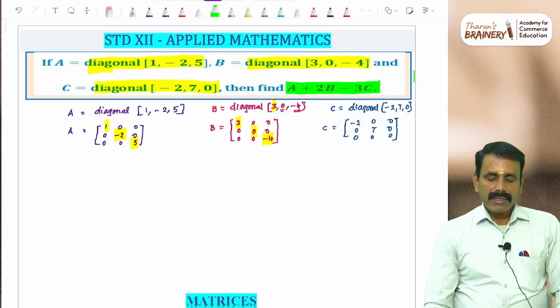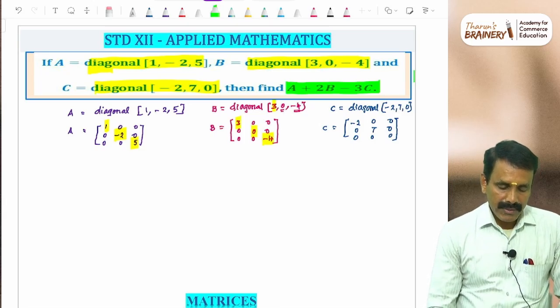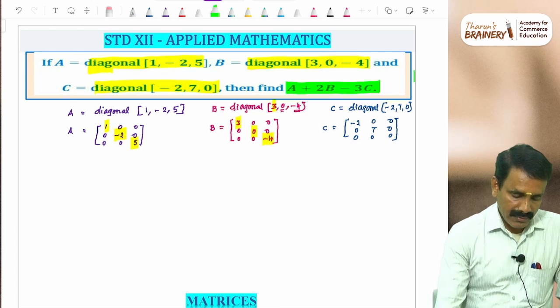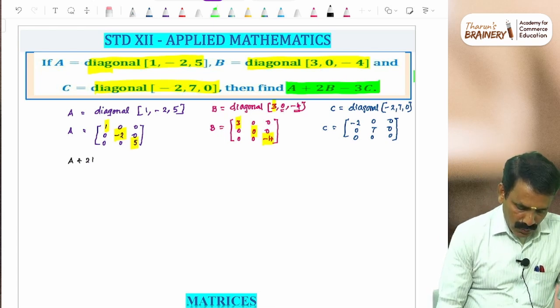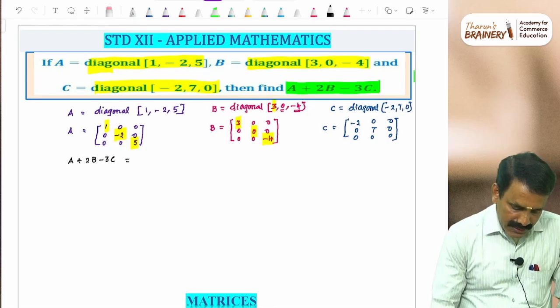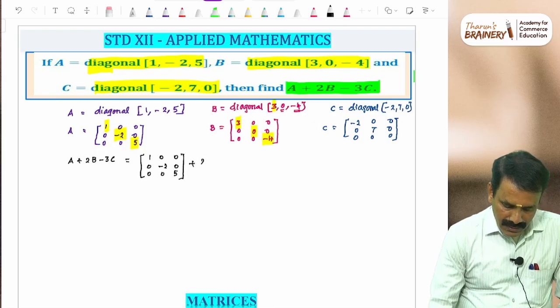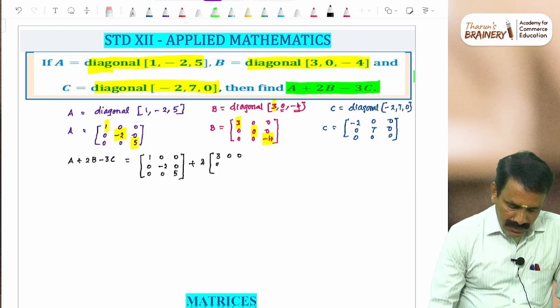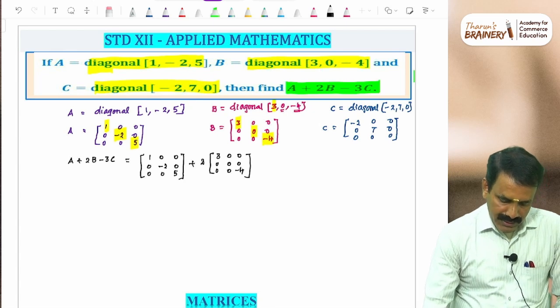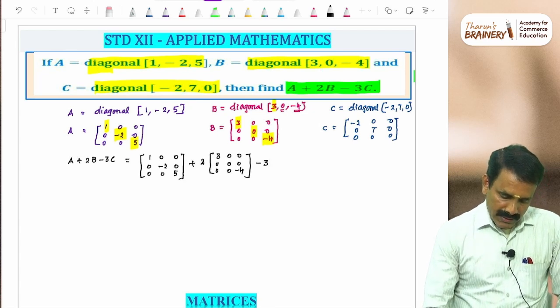A plus 2B minus 3C. So, the A matrix is 1, 0, 0, 0, minus 2, 0, 0, 0, 5, plus 2 into the B matrix 3, 0, 0, 0, 0, 0, 0, 0, minus 4, and the last one is minus 3C.